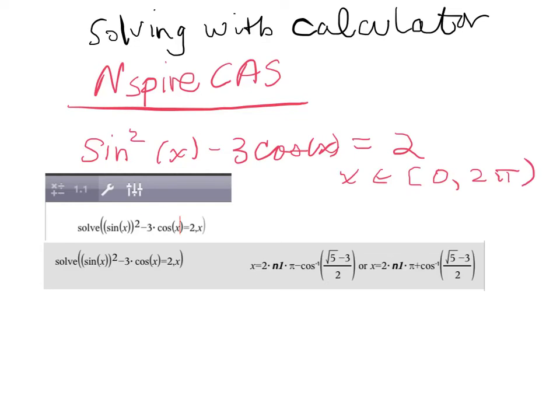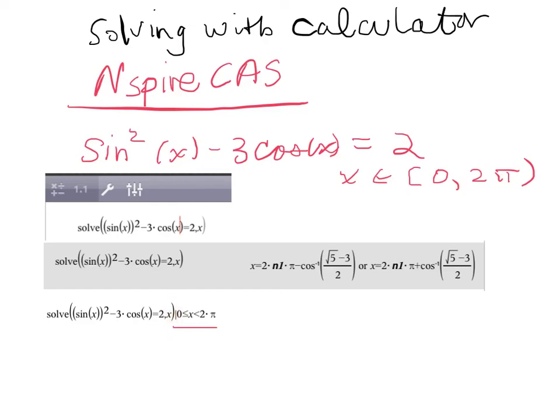Luckily there is a way to execute that command on the Inspire, and I'll show you here. I want to restrict the values of x that I'll get for the solution to values of x between 0 and 2 pi. And here's how that looks on the Inspire. The key thing to notice here is this extra little bit right here. Immediately after that final parenthesis is a line that goes straight up and down.